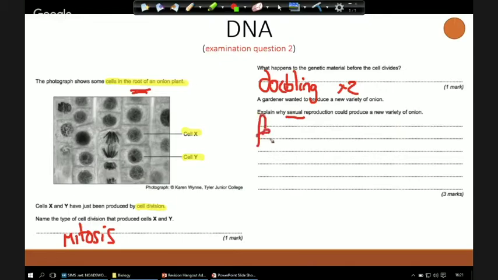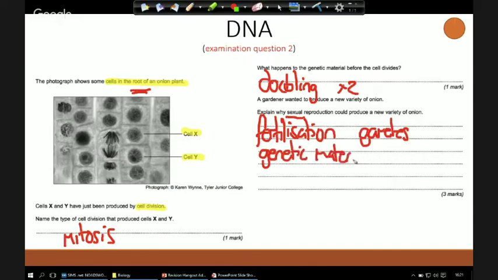Well, when there's fertilization, we've got ourselves the fusion of gametes. In other words, we're getting genetic material from two sources. We're getting a mixing. We could say we're getting one gene set from each parent.